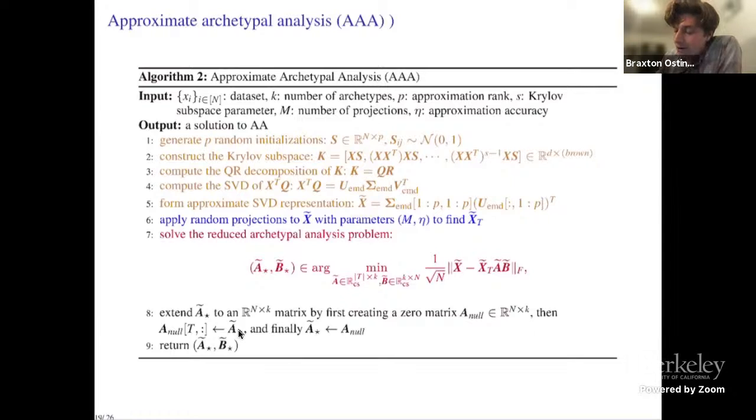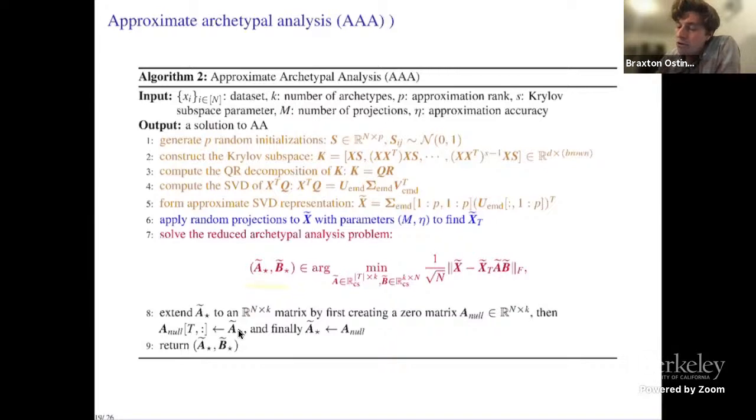And then I finally solve this reduced archetypal analysis problem where I have X tilde T here. This problem looks just like the original archetypal analysis problem, so any method that you use to speed up the optimization can be applied in this step. And then from this A tilde, B tilde, I can get back my solution.